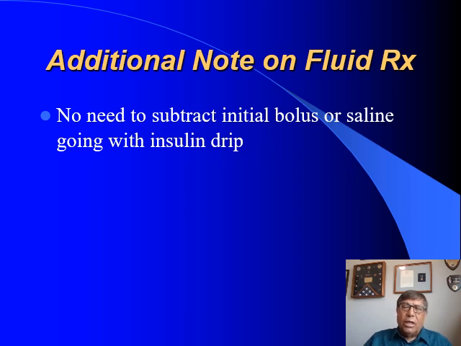So you don't have to do that, keep things simple. And the saline that's going with the insulin drip also does not need to be subtracted from the total fluid calculation. Some people are very peculiar, but I personally feel that's not necessary.